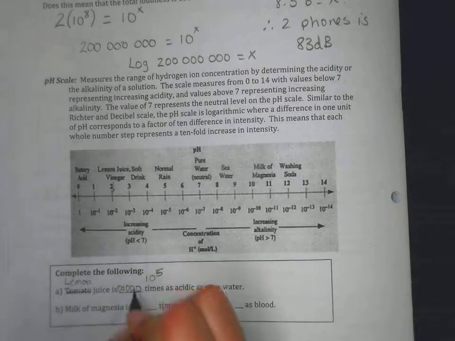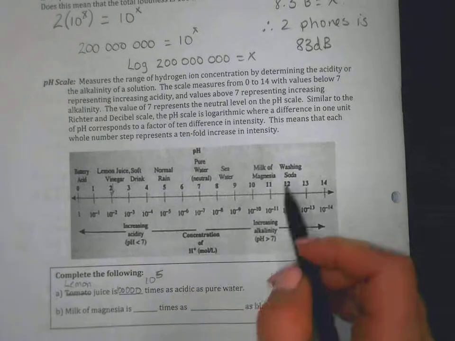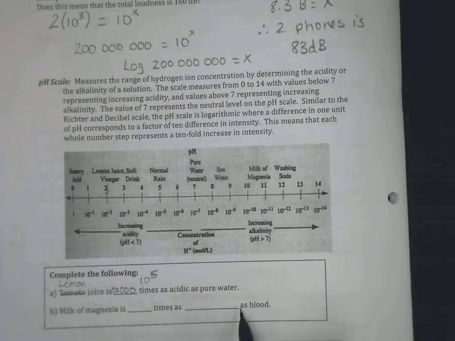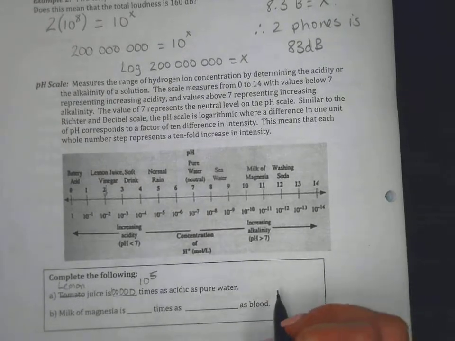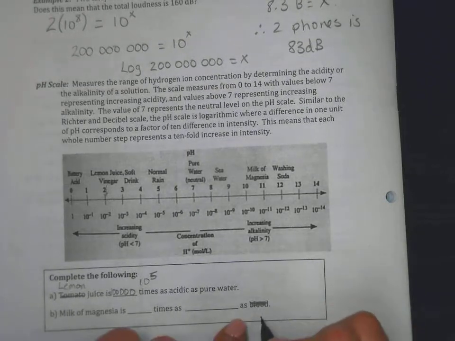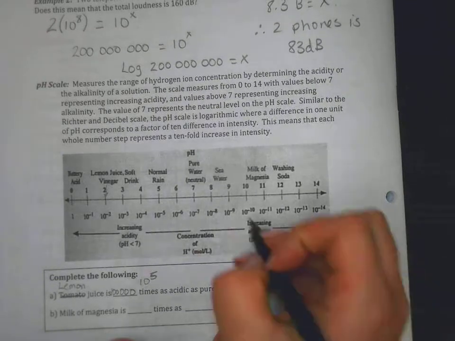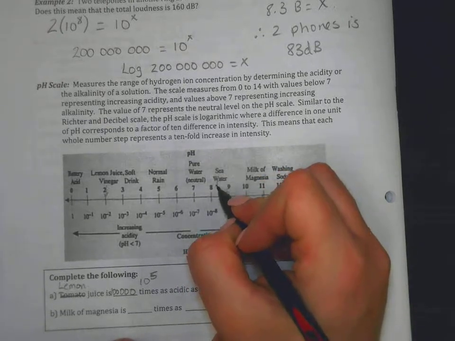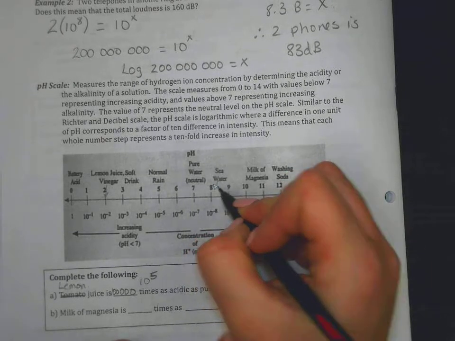Okay, milk of magnesia, which is at an 11 on our pH scale, is how many times as alkaline as, and this shouldn't say blood, sorry, these are typos. We will say seawater. Let's say seawater is at an 8. So milk of magnesia is 1, 2, 3 steps over from seawater.